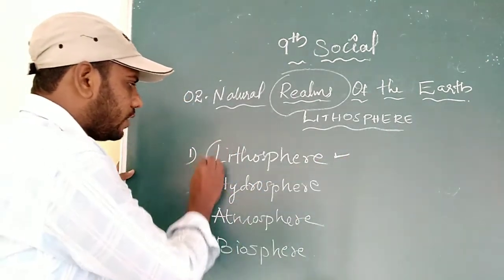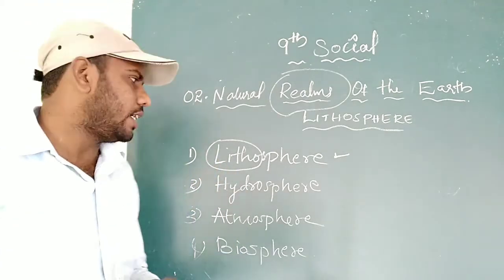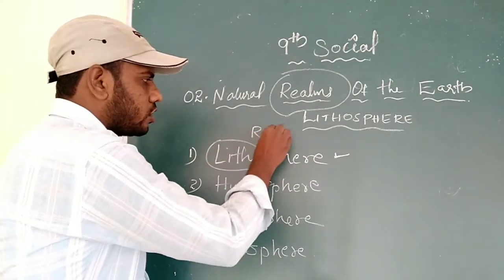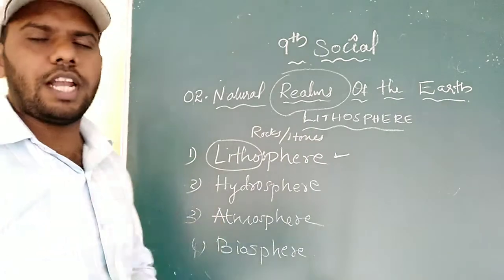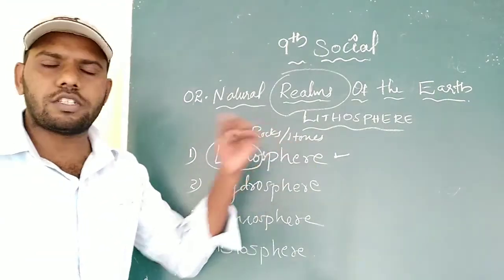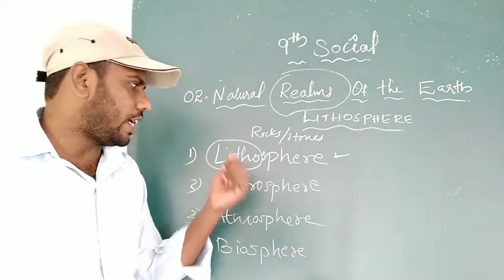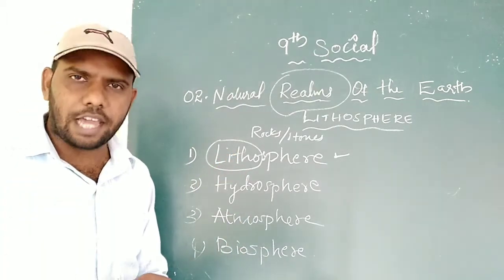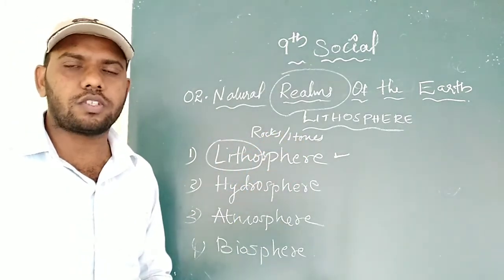The word litho is derived from the Greek word litho, meaning rocks or stones. Remember? What is the meaning of litho? Rocks or stones. Which language is it derived from? Greek.